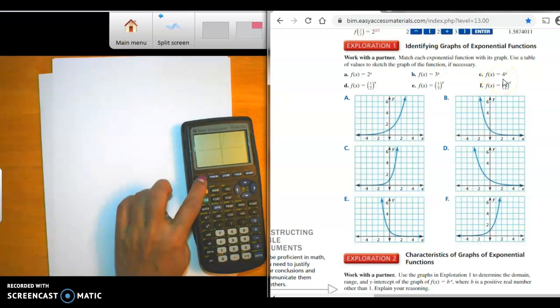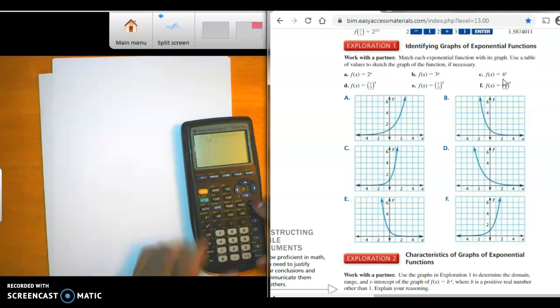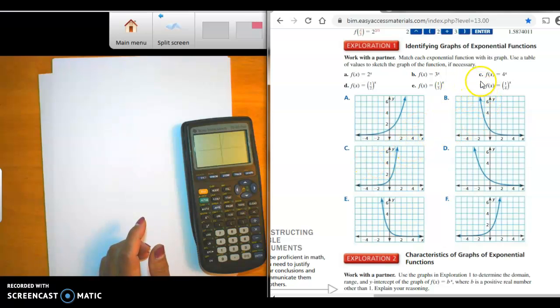Clear this, 4, arrow, x and graph. That looks like letter C. So it is matched with letter C.